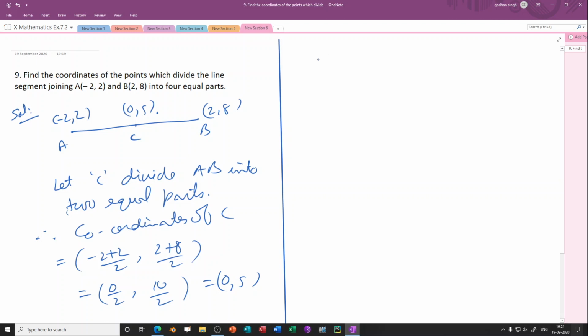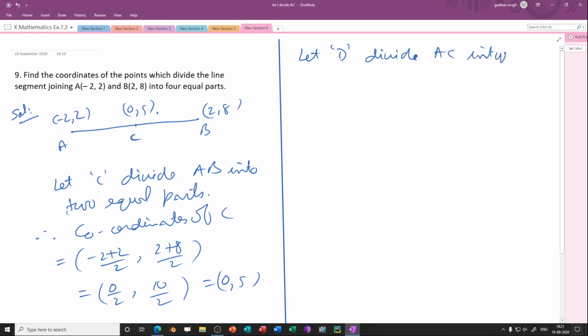Now next, we'll divide AC into 2 equal parts and BC into 2 equal parts. This is how we'll get the 4 equal parts. So let D divide AC into 2 equal parts.